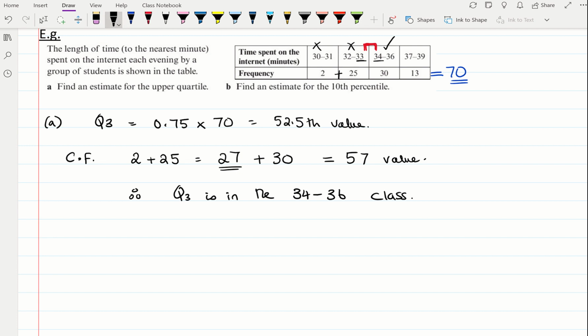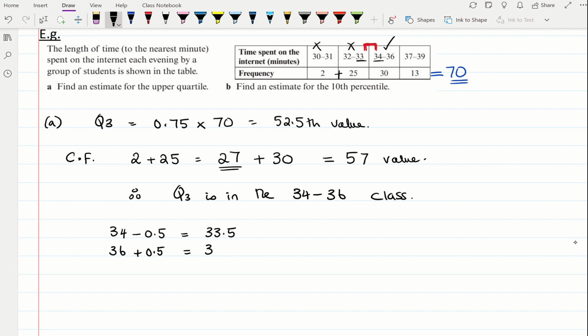So I'm going to assume that the class range is a bit bigger. For 34, I'm going to take away 0.5, and say that this class actually starts at 33.5. And with the upper limit of the class, 36, I'm going to add 0.5.